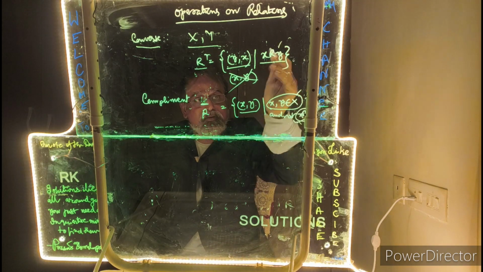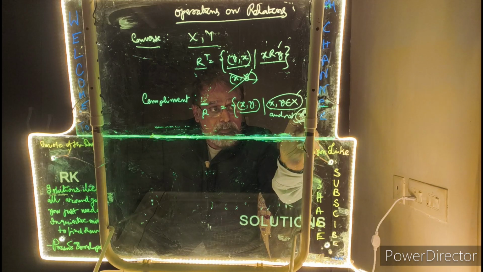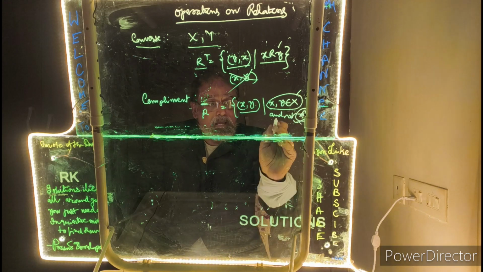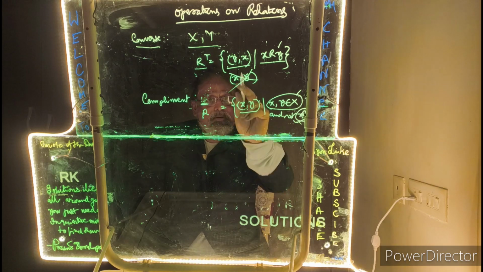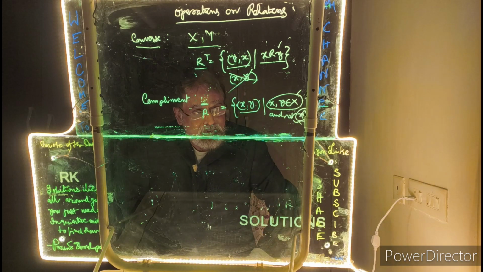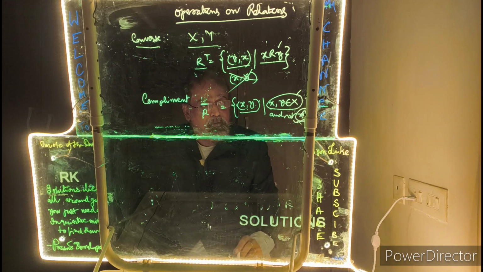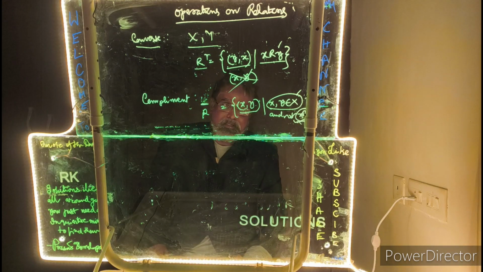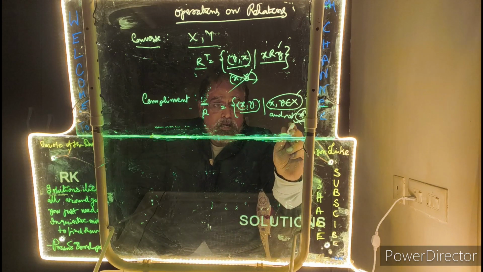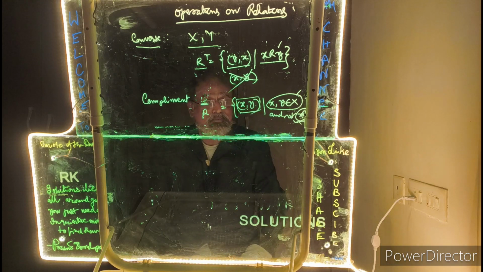Here it was x related to y; here x is not related to y. So these are elements which are not related to the other element, and the order is regular. That's the difference between complement and converse.